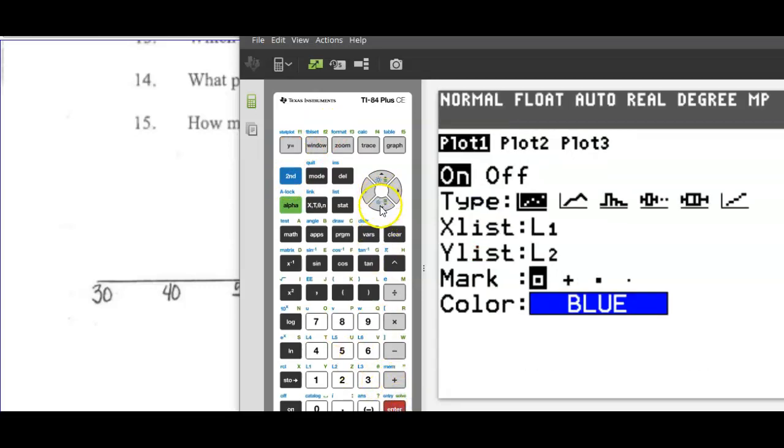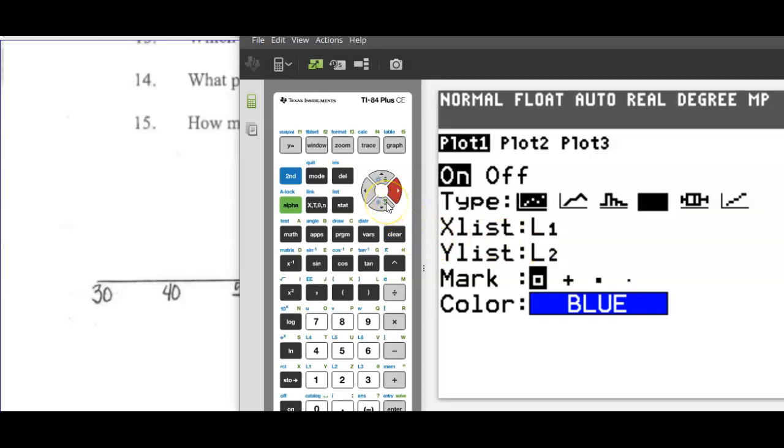My numbers are in list 1, but what I want to choose this time is the one that kind of looks like a robot head down here. I'm going to choose the first one that has the 2 dots behind it, because those dots are the outliers, and it will show any outliers as a dot rather than as part of a long whisker. The rule is a whisker can only be 1.5 times as wide as the box. If it's longer than that, then there is an outlier.